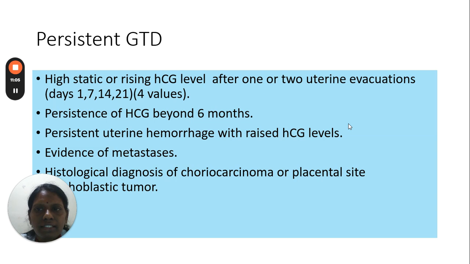In these cases, we need to treat with chemotherapy.